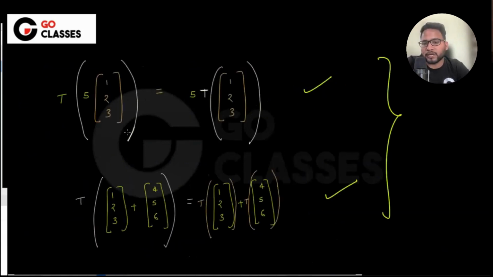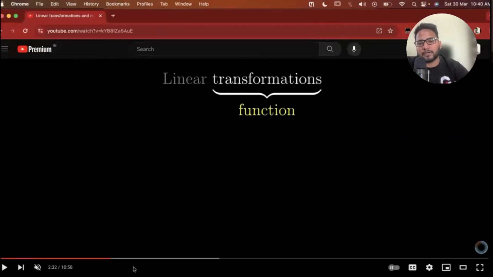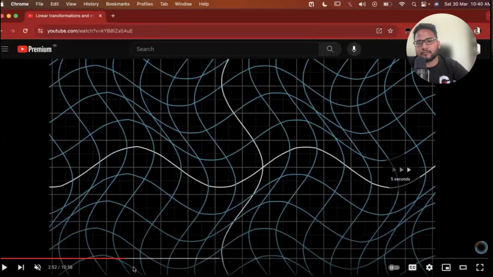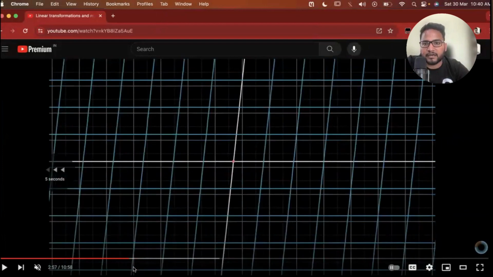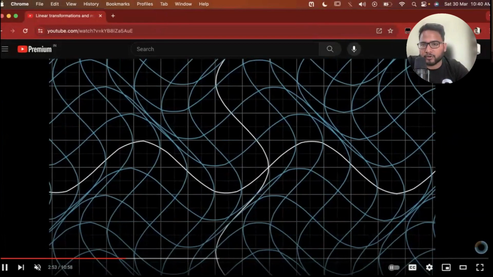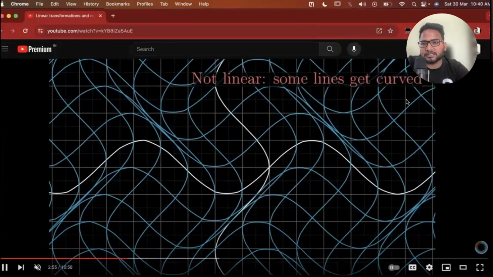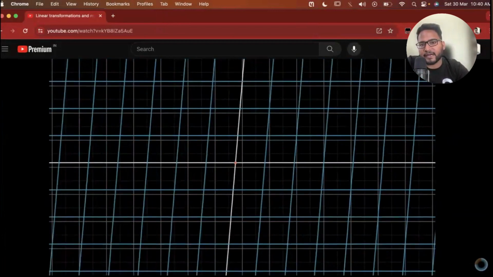Also, as I told you, either you first take the transformation and then multiply, or you first multiply and then take the transformation. Both are the same thing. See here, let me just play through this video quickly. Here they are telling us these are not linear. Some are getting curvy.